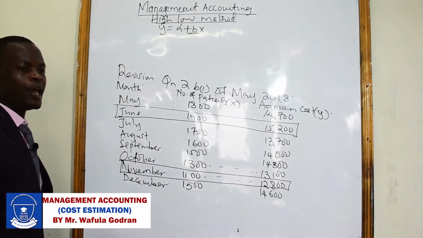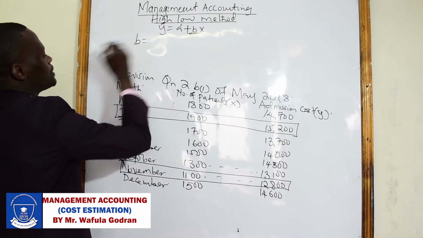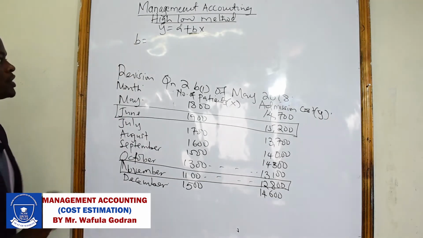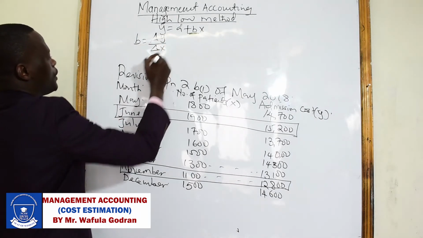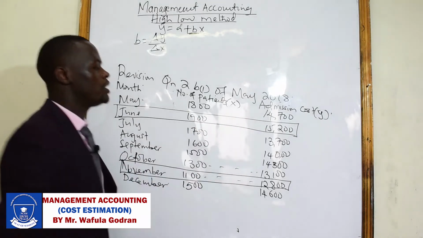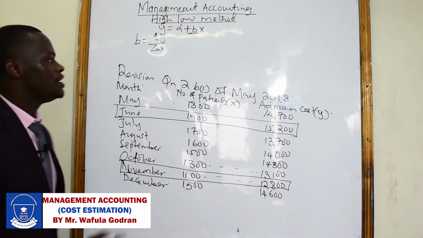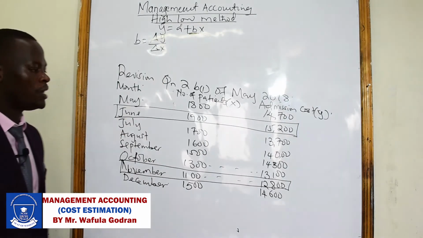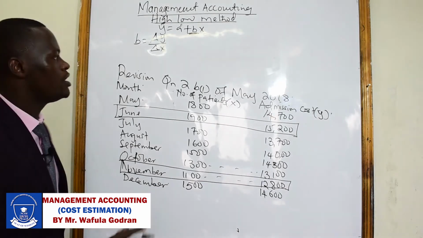So we are going to establish what B is using the change in Y, the cost, over the change in X, the activity. If we want to get B as that variable cost per unit, first we get the change in Y over change in X, which means the change in cost will be the highest level of cost minus the lowest level of cost, divided by the change in X, the highest level of activity minus the lowest level of activity.